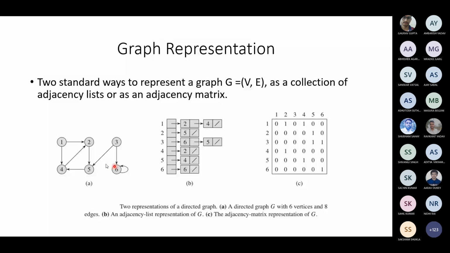And if it is a directed graph, then you cannot put in the reverse direction. 2 is pointing only to 5, so 2 will have the edge to 5 only. One is going to 2 and 4, so node 1 will have 2 and 4. Is this clear? Yes, sir, it's clear.